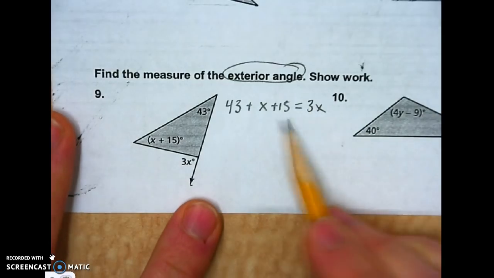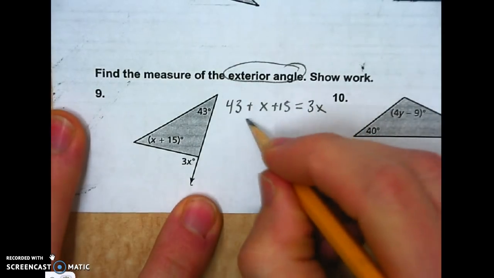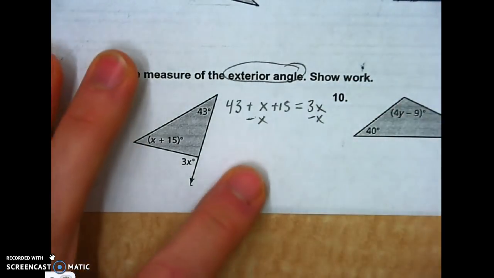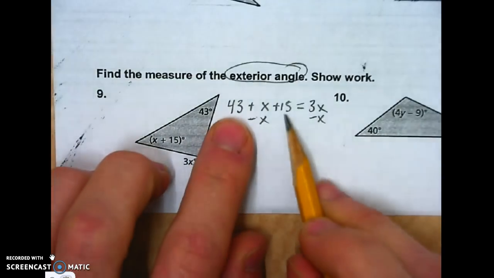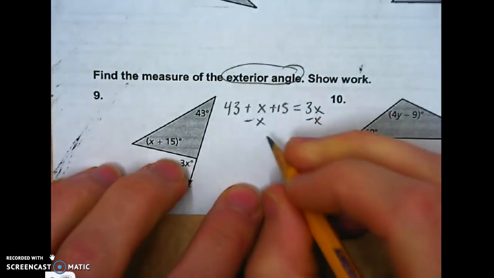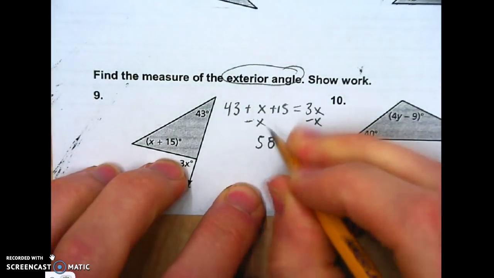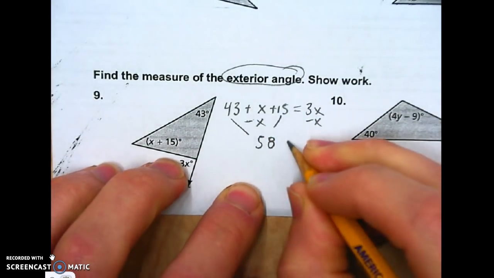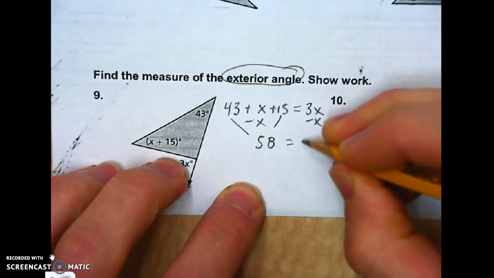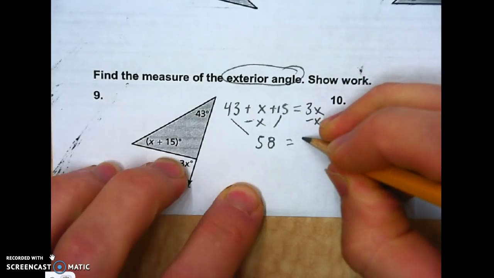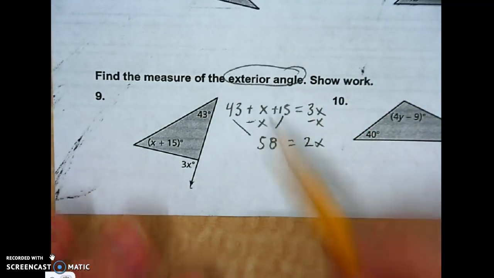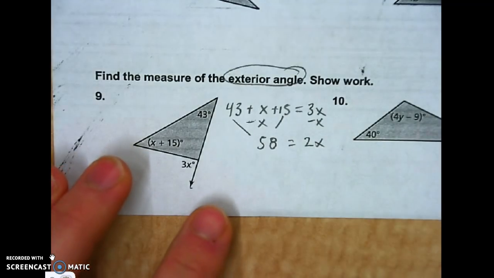Alright, when you have one of these, you have x's on both sides, so I'm going to get rid of the x's on one of the sides. I'm also going to add 43 and 15 together here and get 58. And on this side over here, I have 2x, 3 minus 1. And this x went away. Dividing both sides by 2.